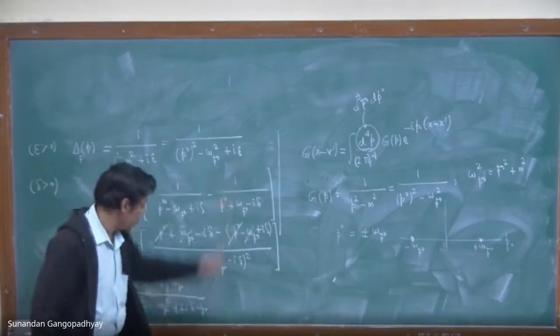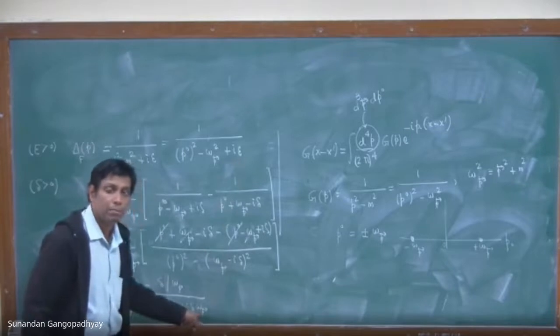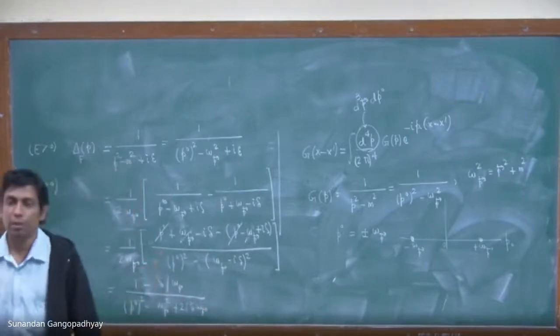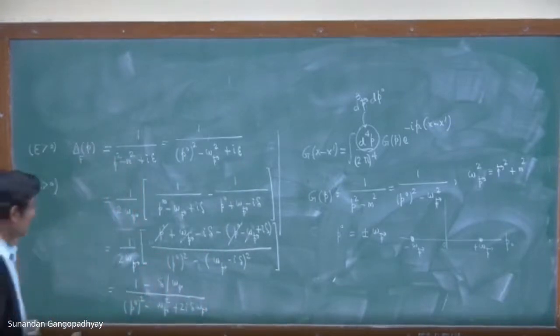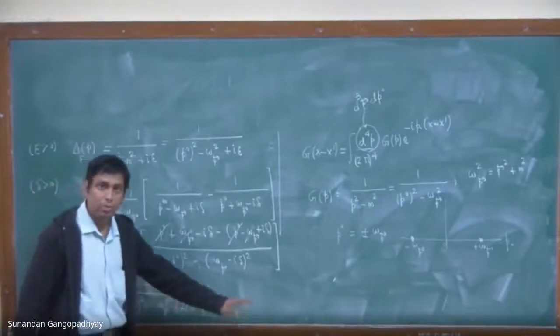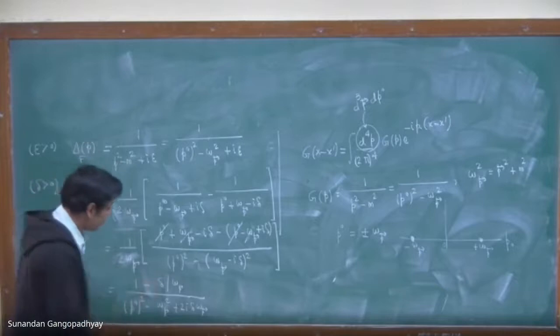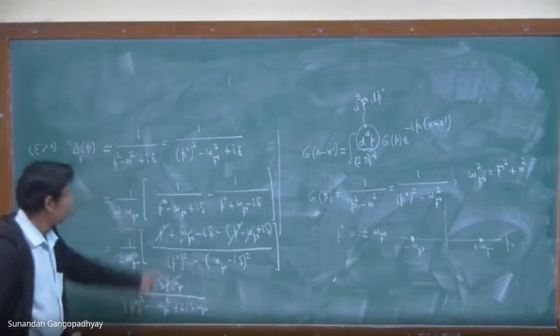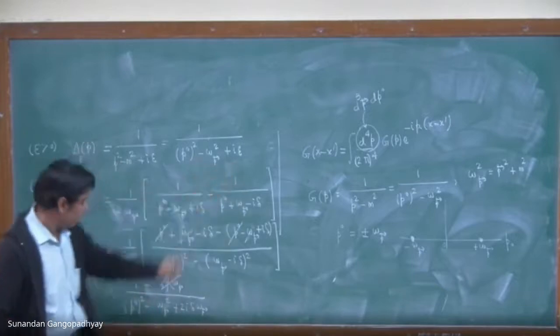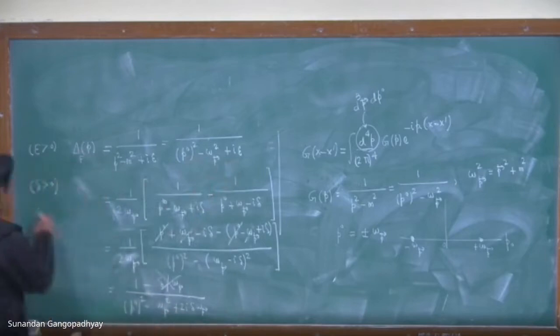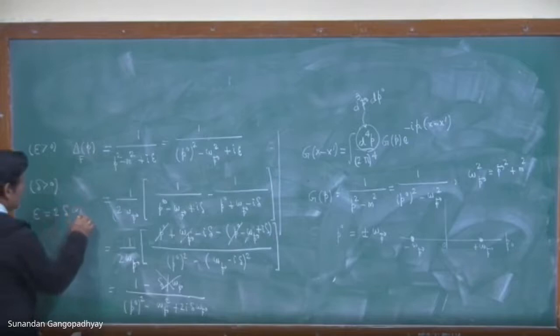And therefore, epsilon can be identified with 2 delta omega p. Epsilon is a very small positive number, delta is a very small positive number. So you can throw away delta square in the denominator, and in the limit delta going to 0, this term is also gone. Therefore, you recover back this thing with the identification that epsilon is equal to twice delta omega. Okay?